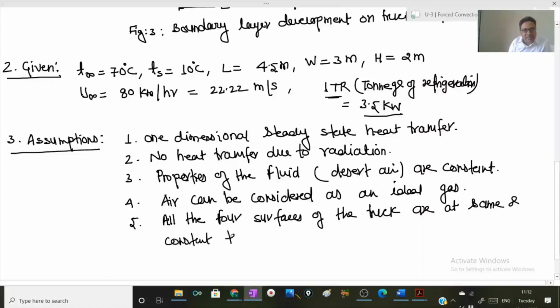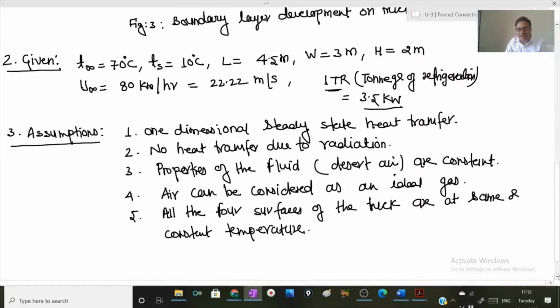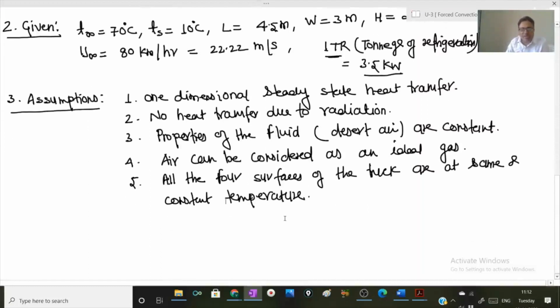And what is that temperature? T infinity, Ts, that is 10 degrees Celsius. This is the problem specific assumptions. Otherwise, all 4 assumptions will be common in forced convection problems.